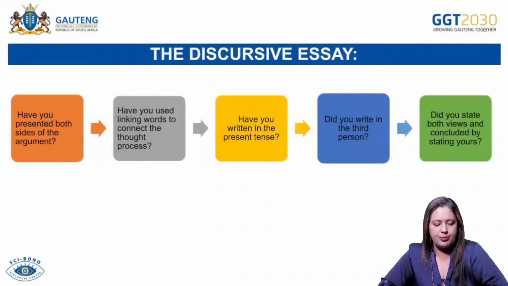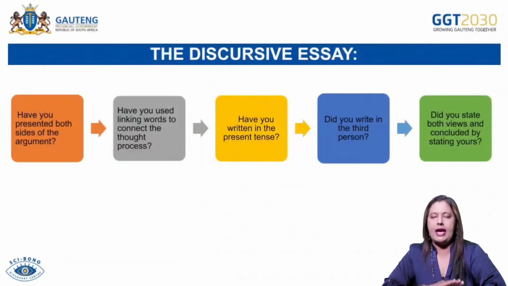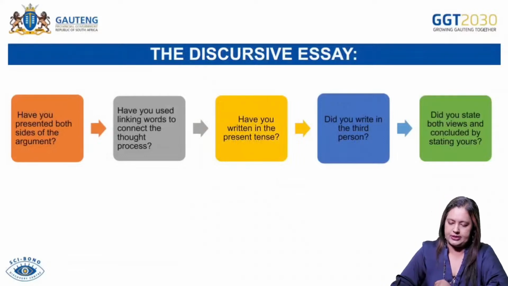The discursive one, remember, presenting both sides of the argument, making sure we're using linking words to link all the ideas in the various paragraphs. We're writing in the present tense. We're using the third person response here. And we ensure that we're creating our own viewpoint.